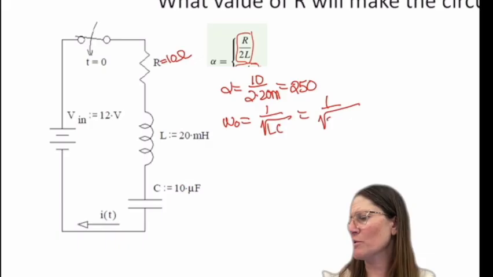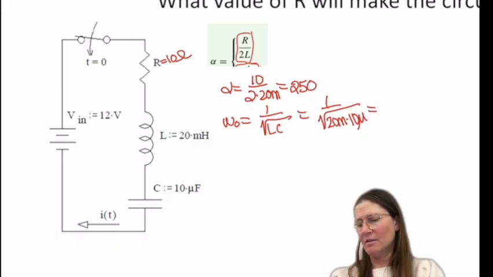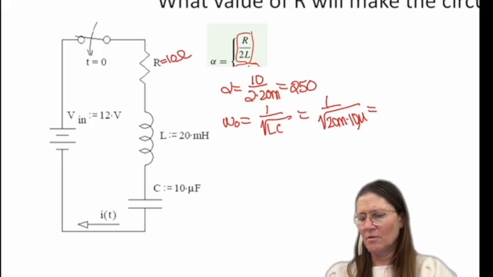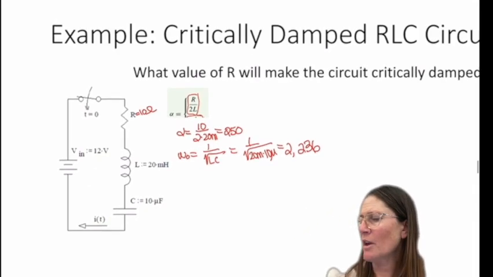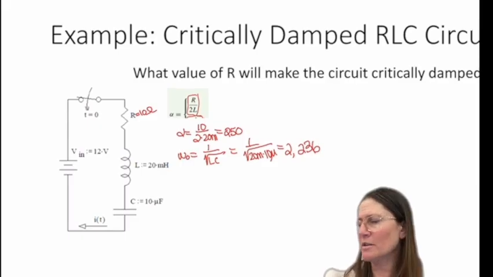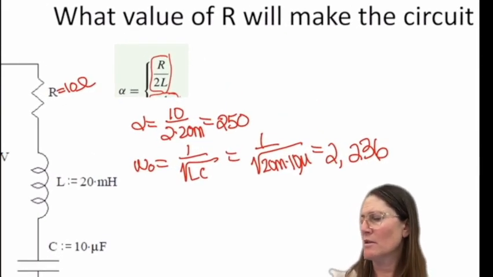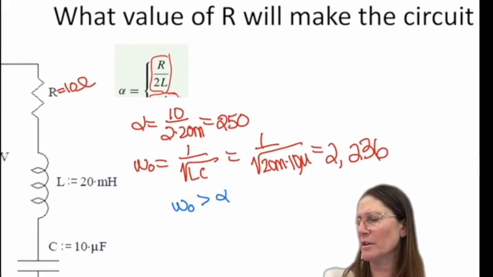So 1 over the square root of 20 milli times 10 milli, or 10 micro. That gives 2,236. So you compare alpha and omega naught, and omega naught is greater than alpha.